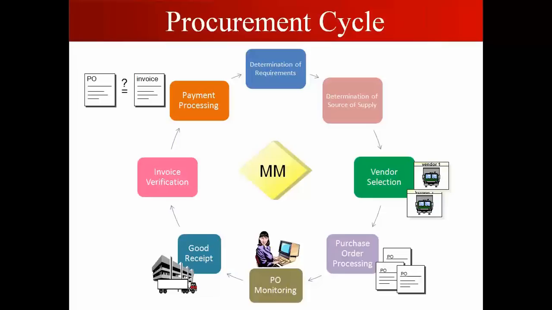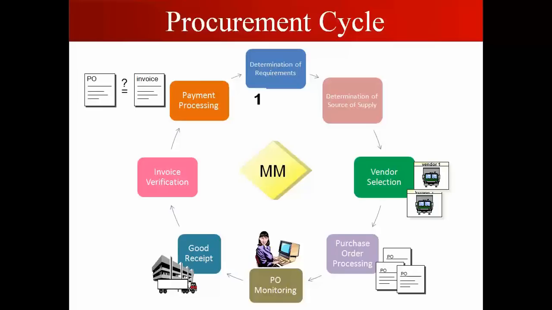Okay, so let us start. So first of all, the requirement, number one, determination of requirement. First of all, the requirement will be given. You will get the requirement, or if I'm working as a purchasing officer, I'll get some sort of requirement from the business. Those requirements can come as a manually created requirement or can be created by SAP as well.